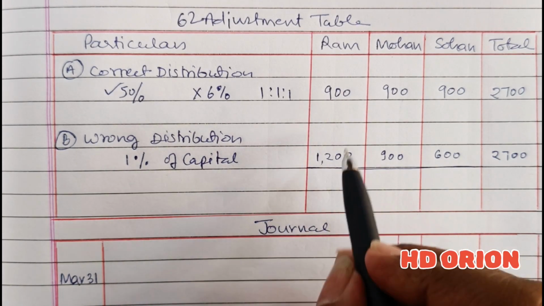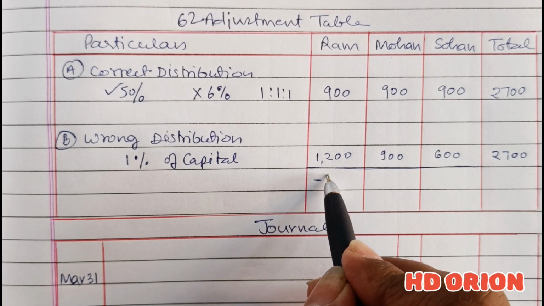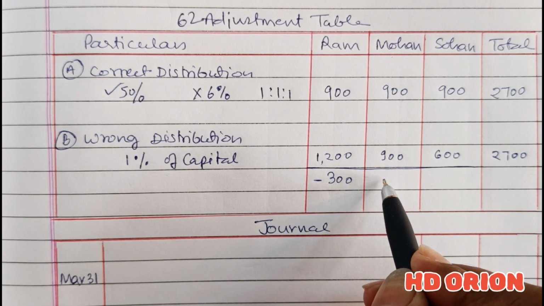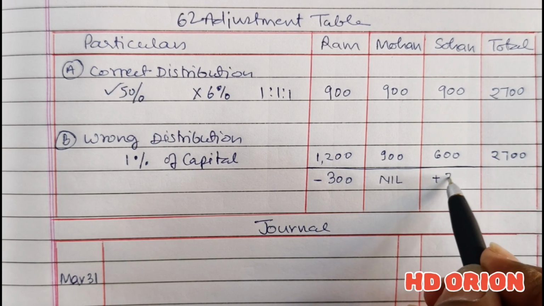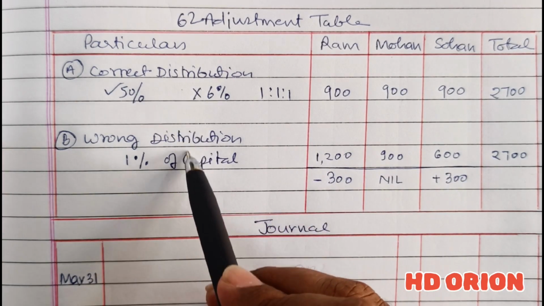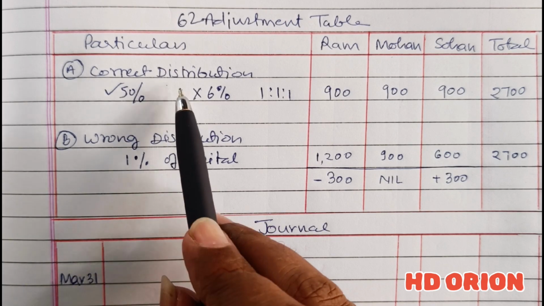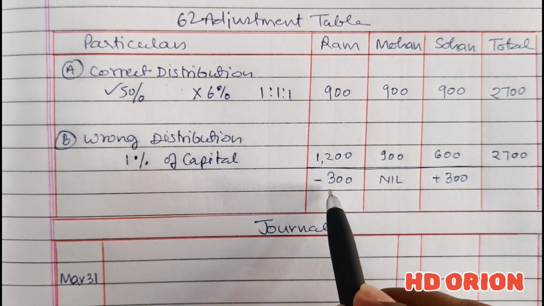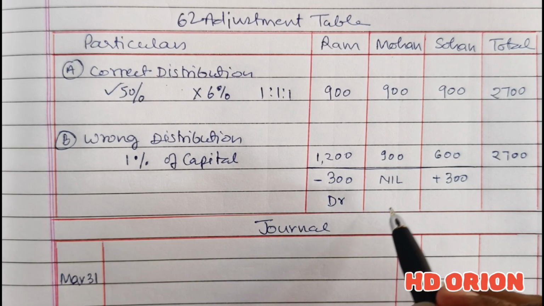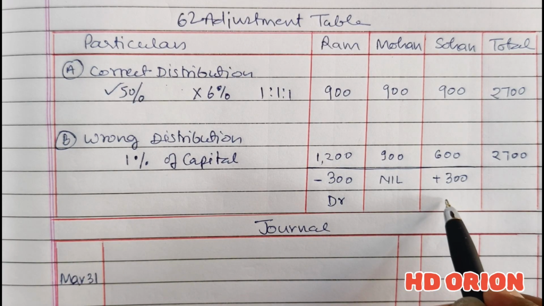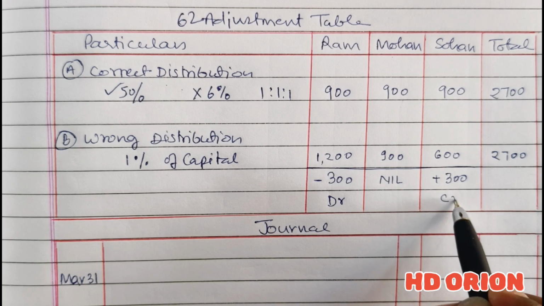So there is -300 for Ram, for Mohan there is no mistake, and for Sohan there is +300. When we arrange in this way, correct distribution on the top, and compare, minus figure means Ram's capital account is to be debited, and plus figure means Sohan's capital account is to be credited.